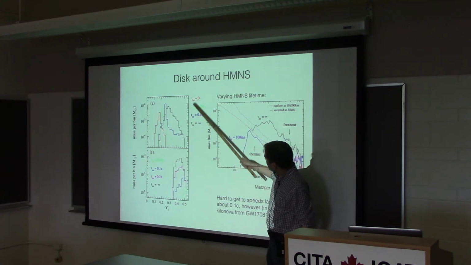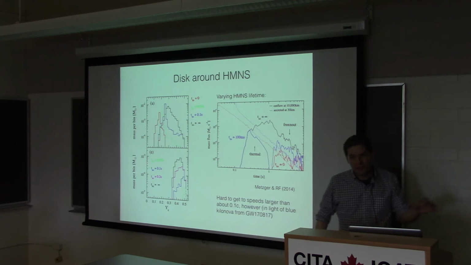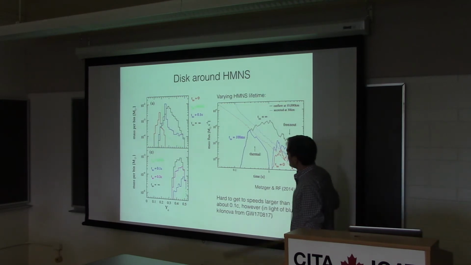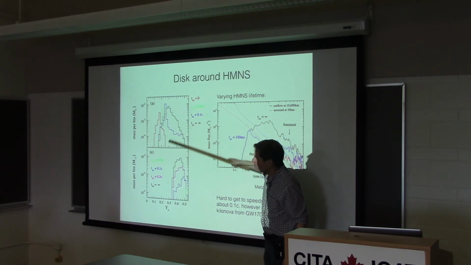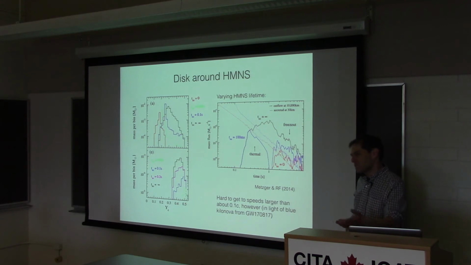These numbers here are the lifetime of the hypermassive neutron star, after which it becomes a black hole. So the inner boundary disappears, and the neutrinos from that hypermassive neutron star also go away at that time. The longer the lifetime, the more mass we eject, and the higher the average electron fraction is. The more lanthanide-free ejecta and the more blue kilonova we should have.